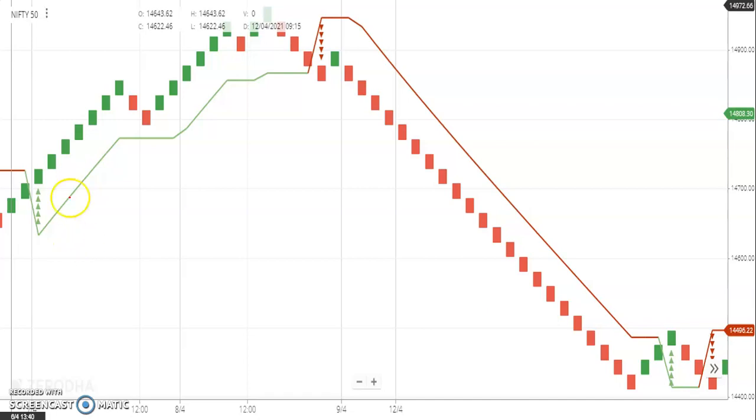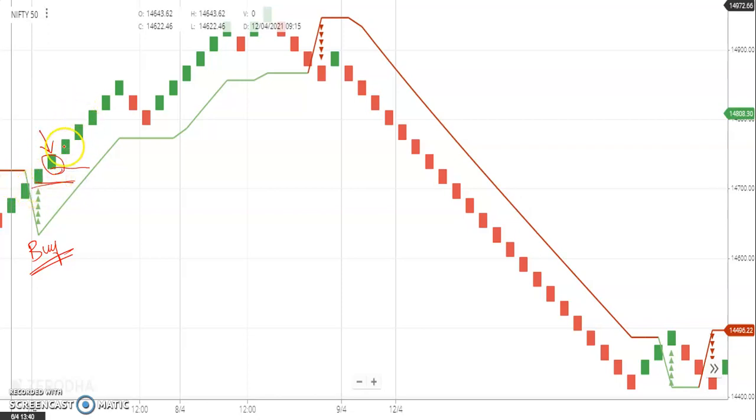So now the Super Trend is a buy signal. The high was broken, so we have taken a position here. Initially, this is the stop loss. If you want to do it conservatively, maybe you can keep this as a stop loss.